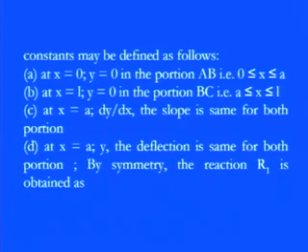And the final condition is that at x equals to a, the deflection is also the same for both portions, so the slope as well as the deflection for both regions can be evaluated because both are equal in both portions.